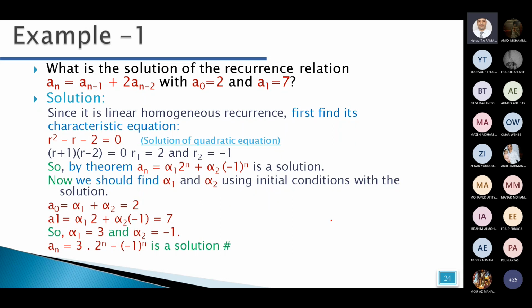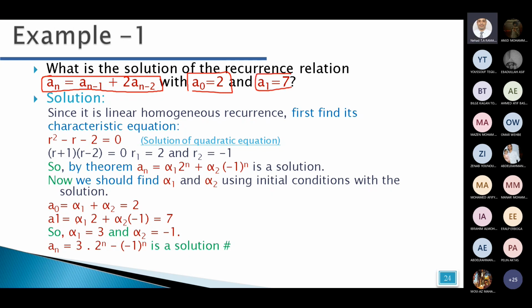Okay, so let's see this example. The example gives you a linear homogeneous recurrence relation with some initial values.